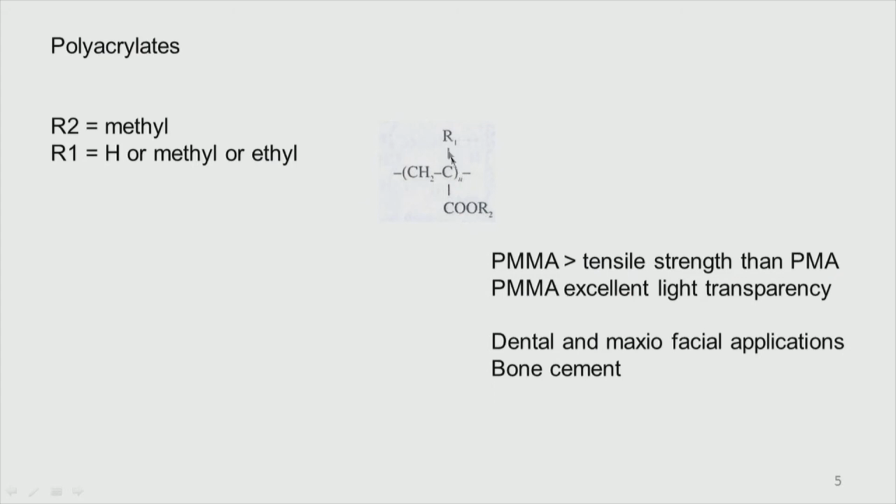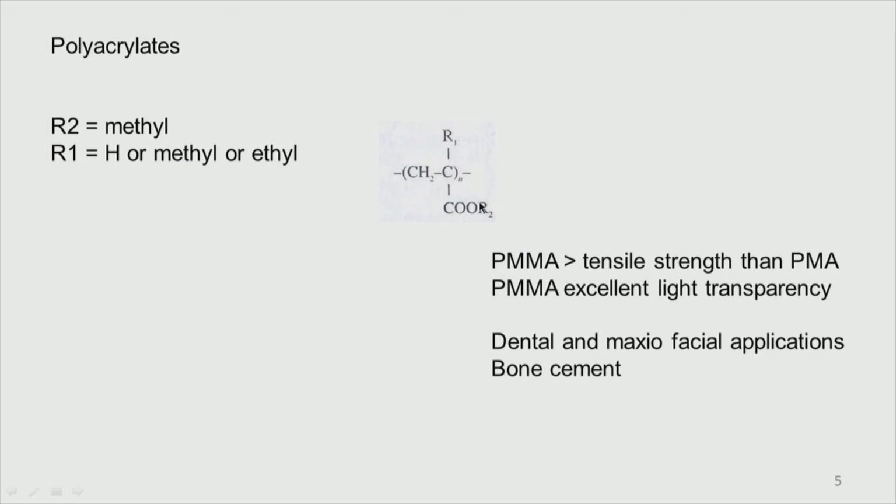If you have a methyl here, methyl methacrylate, otherwise we can have just methacrylate if R1 is H, or we can have methyl acrylate or ethyl methyl acrylate. So, we can have different types of polyacrylates by changing this R1 and R2 group, but the most common is polymethyl methacrylate. That means you have a CH3 here and a CH3 here, okay.